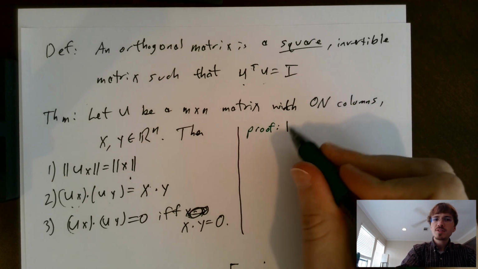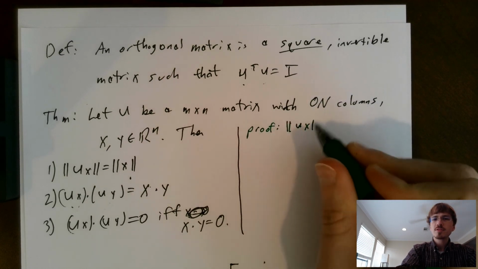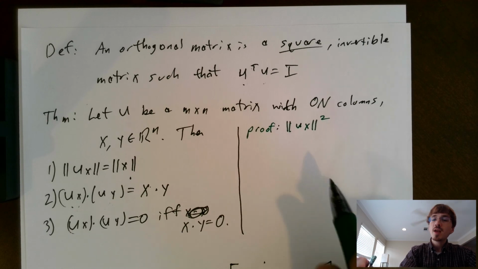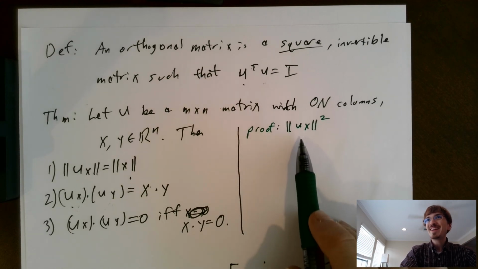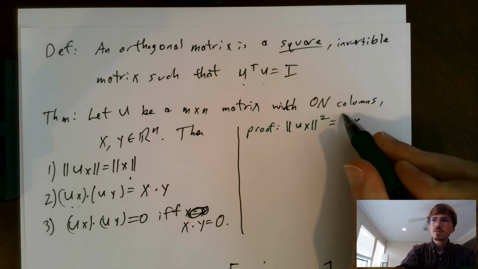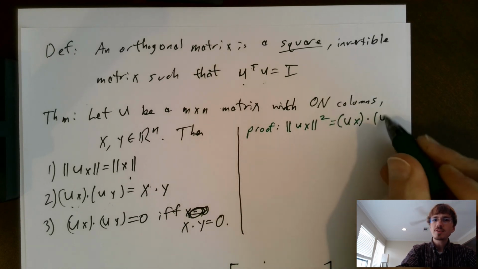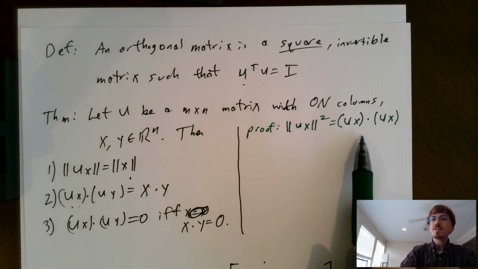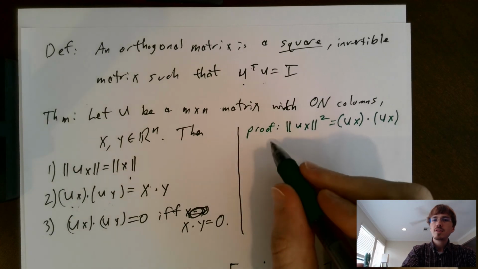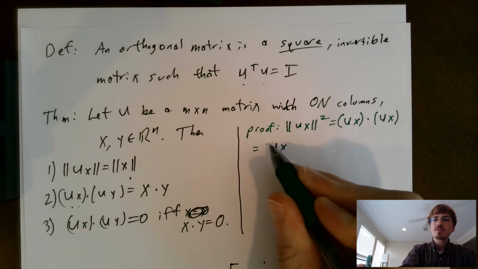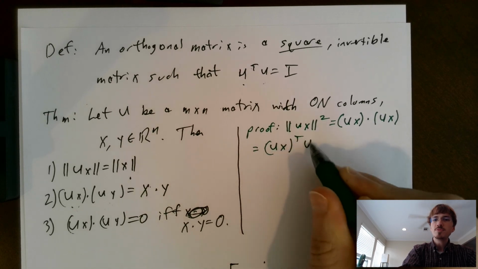We're going to consider the length of Ux squared. Well, this is a vector, right? How do we write the magnitude squared? That's just Ux dot Ux. How did we write this dot product? It was Ux transpose times Ux.